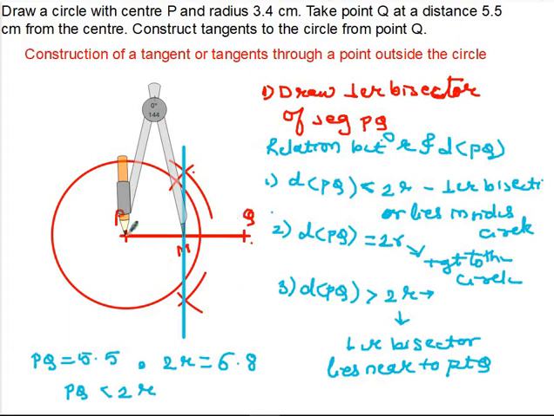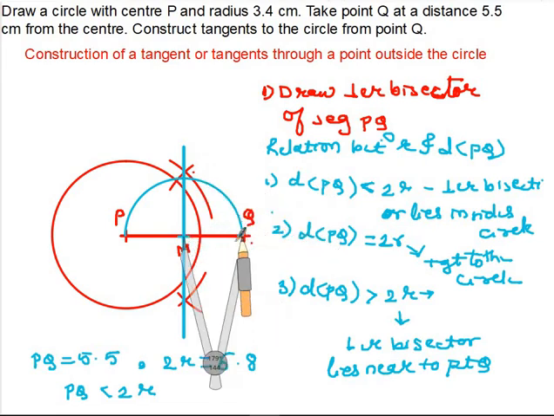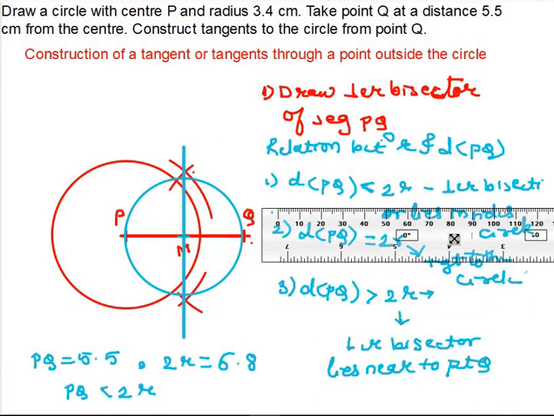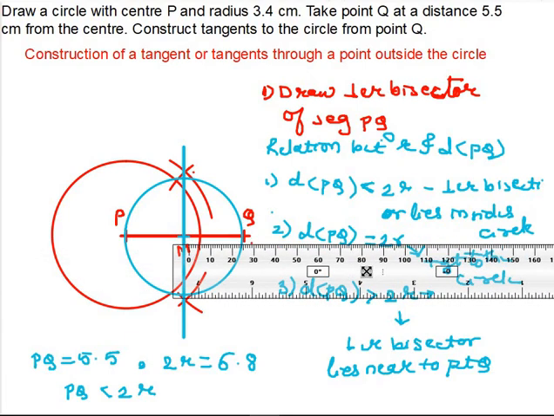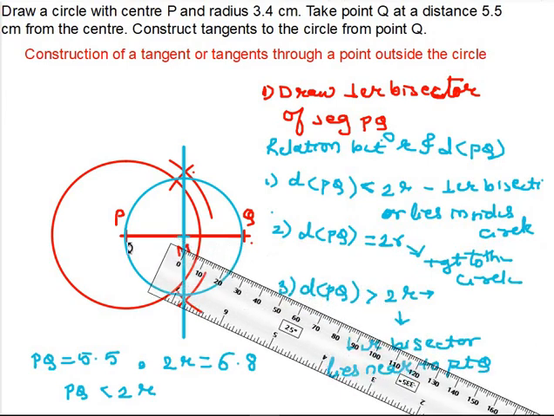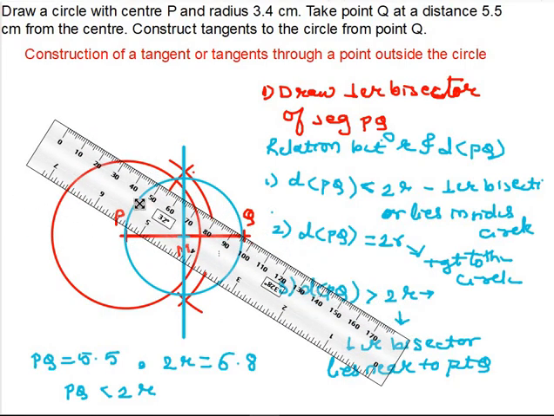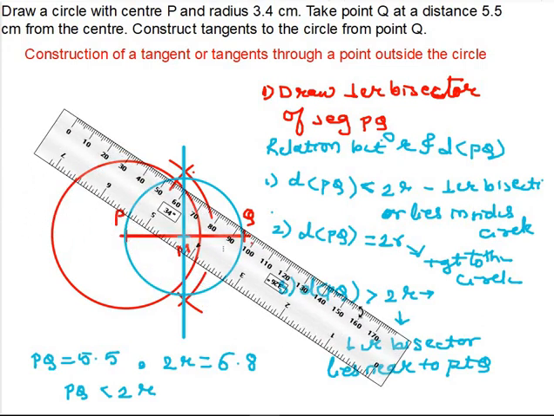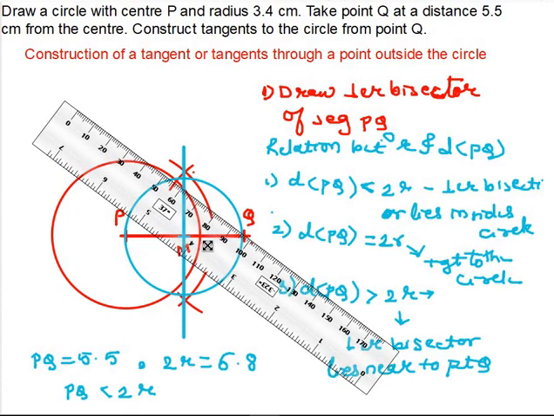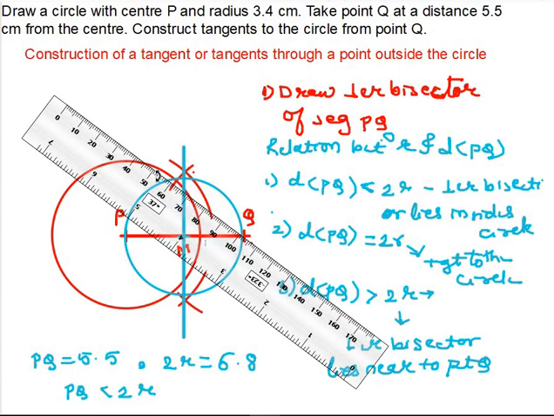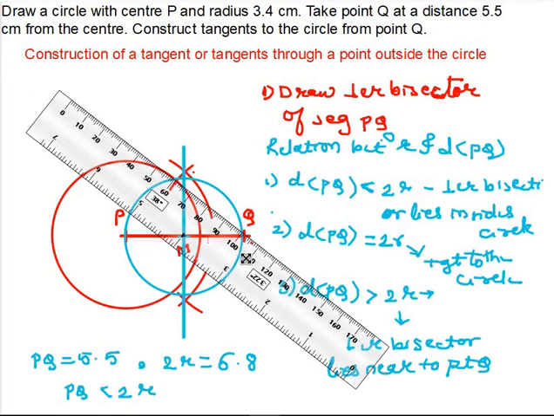Now you draw a circle and you will see that this circle will exactly pass through the point Q. Using the scale, join Q with the points of intersection of the two circles.